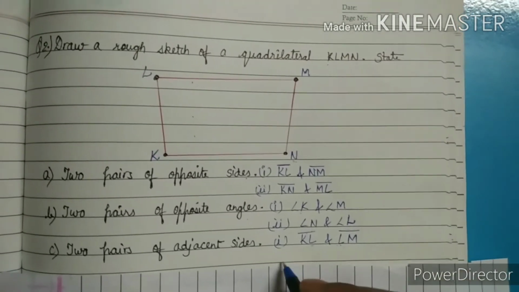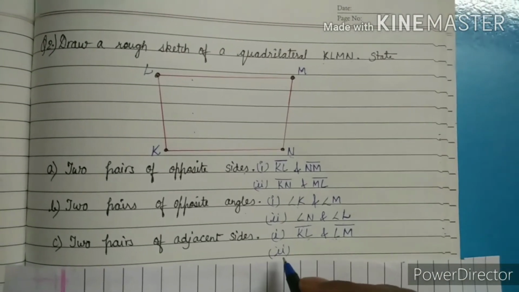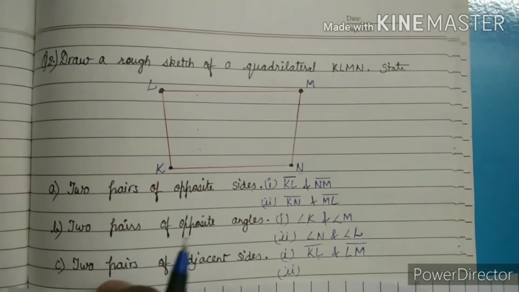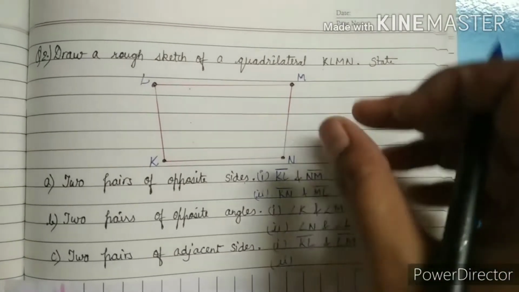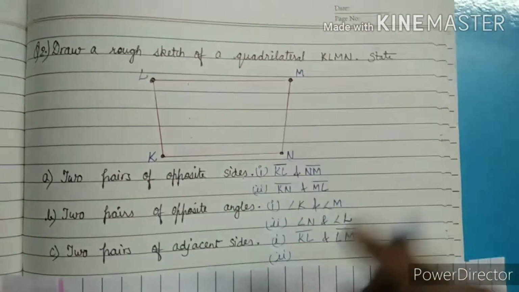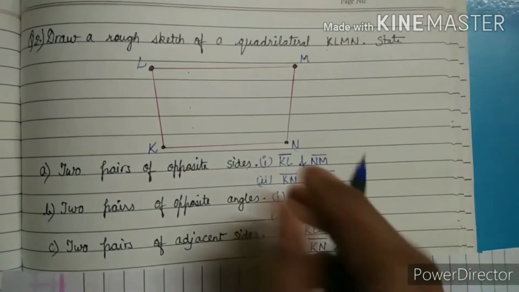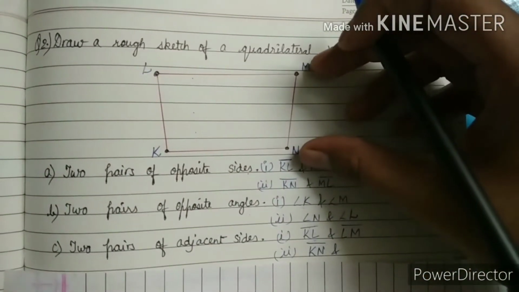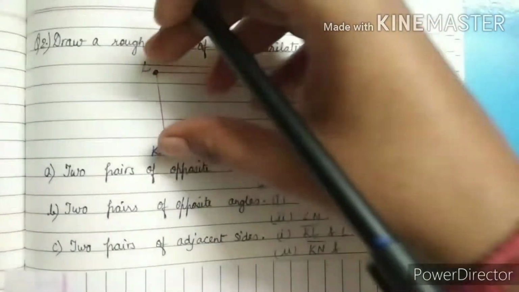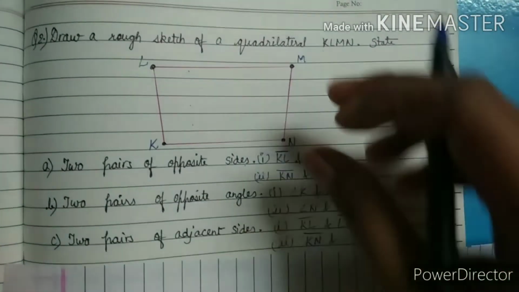Now the second pair we can take anything. We are taking KN. KN's neighbor is NM or KL, both.